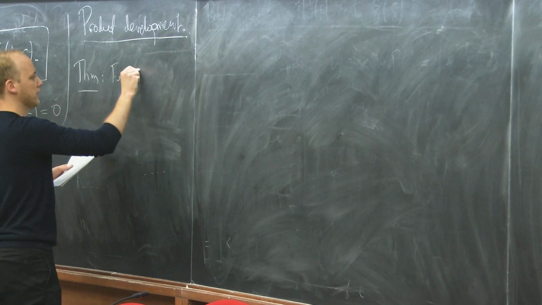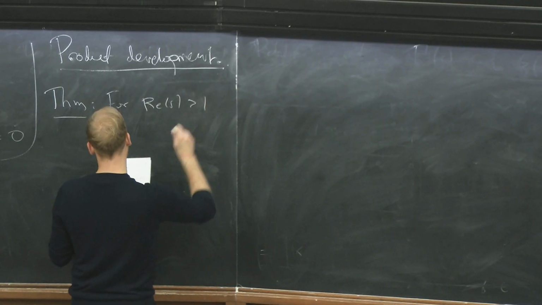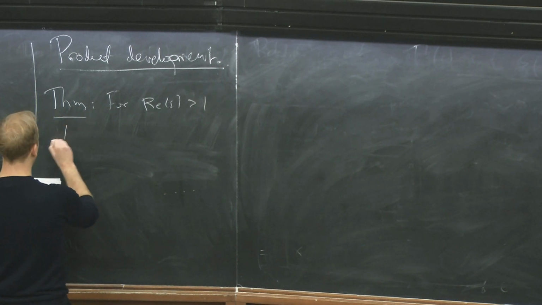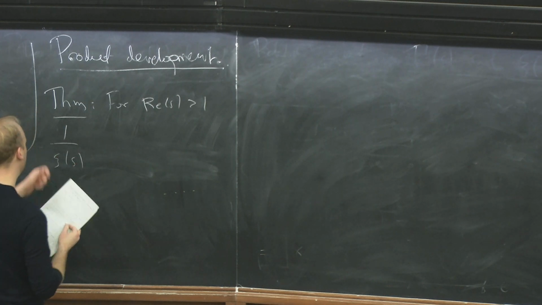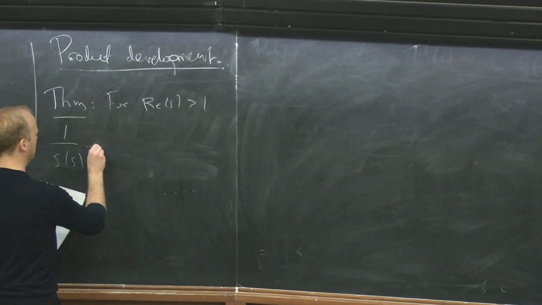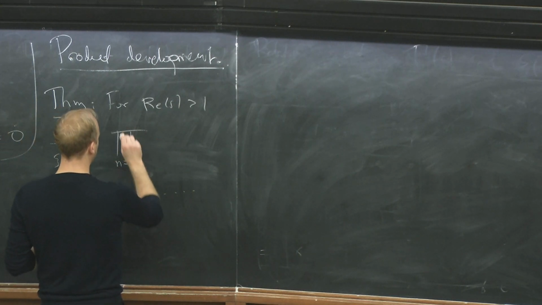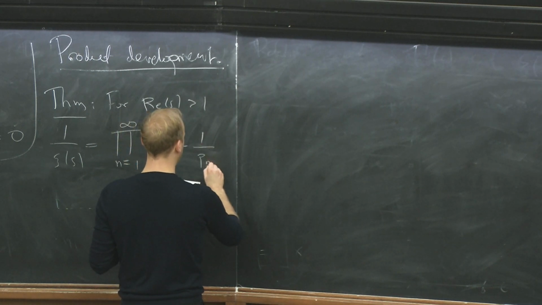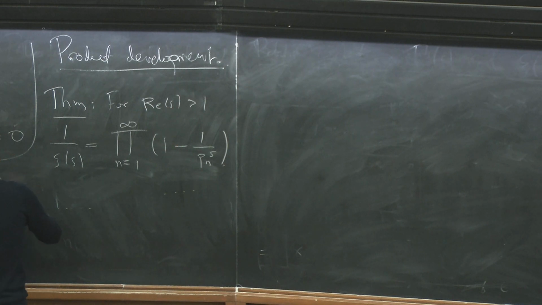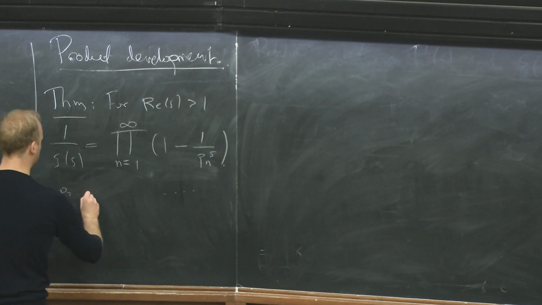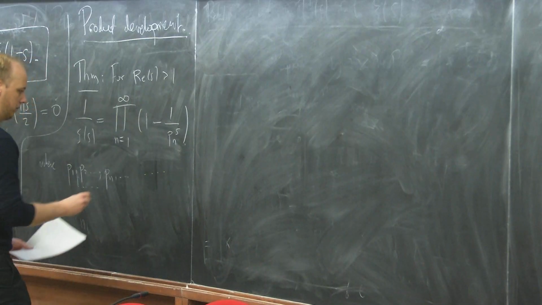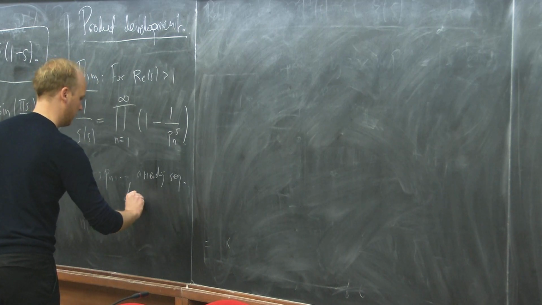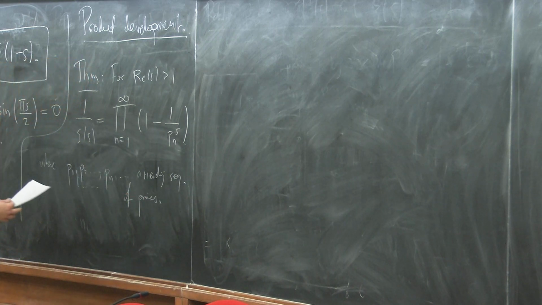For the real part of s greater than 1, which is typically what you're interested in anyway in number theory, we have that 1 divided by zeta of s is equal to this infinite product of 1 minus 1 over p_n to the s, where p_1, p_2, p_n, and so on is an ascending sequence of primes. So of all primes, right?